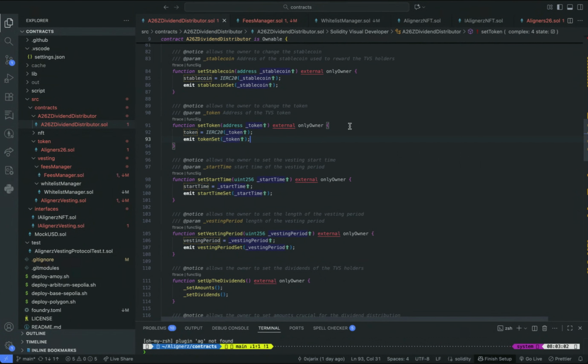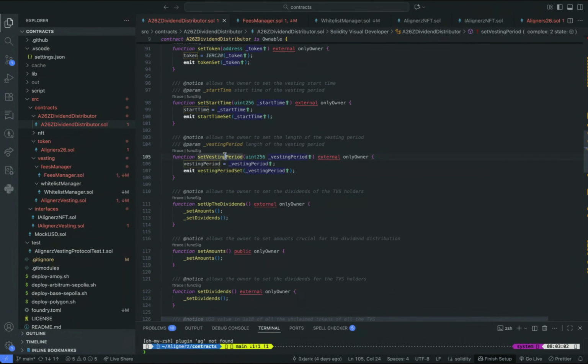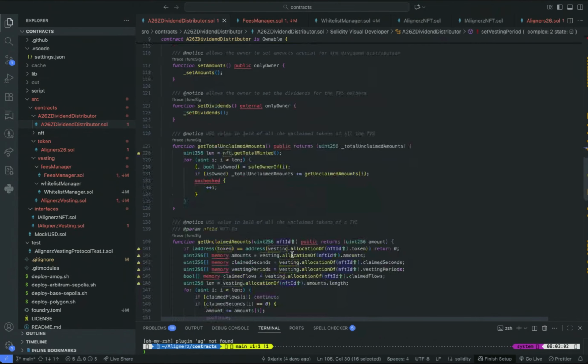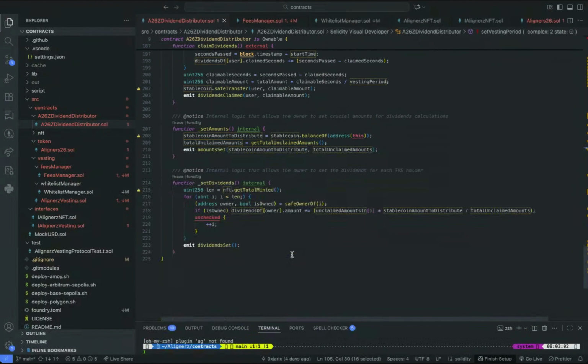In that case, you will change the set token and decide what stablecoin to use between USDC and USDT, refresh the start time, and reset the vesting period, but usually it will be 3 months. And yeah, that's mainly it.